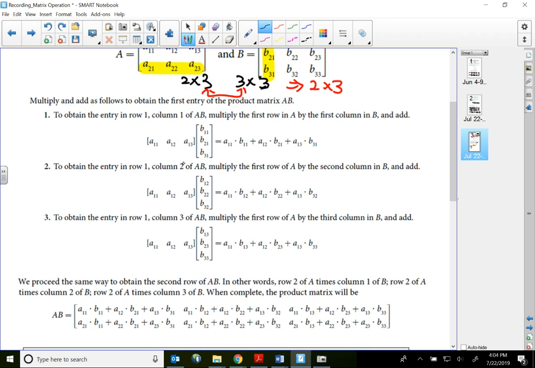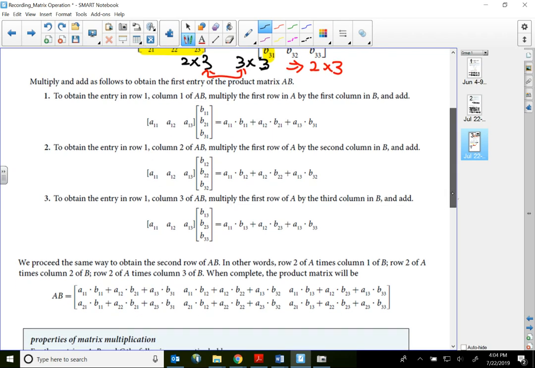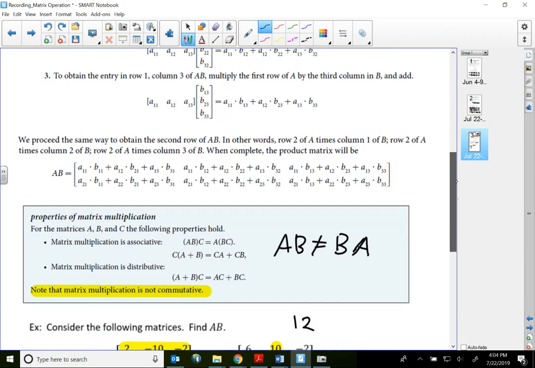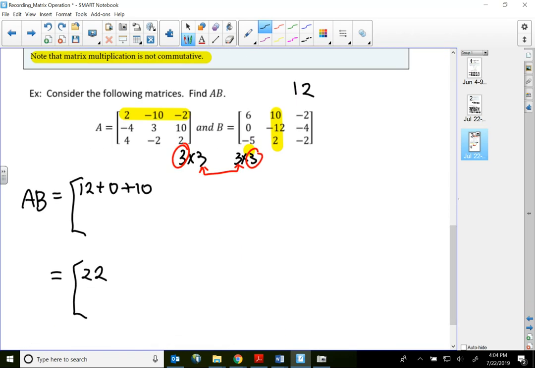To obtain the row 1, column 2 entry, yep, I was right. Make sure my formulas are right. Yep.